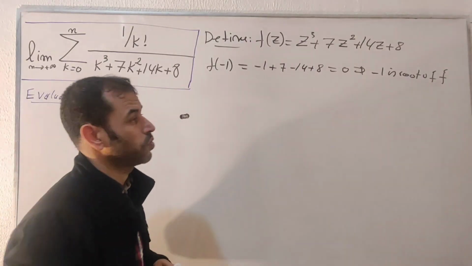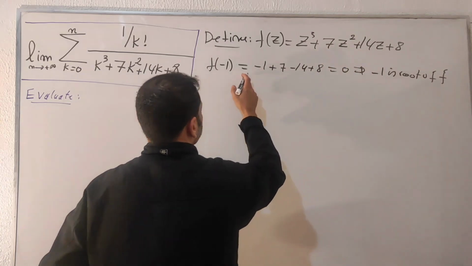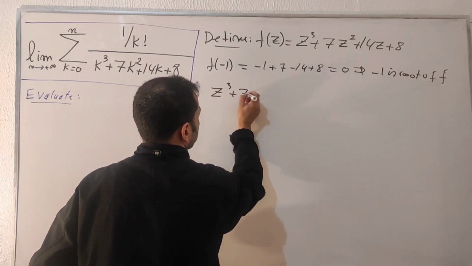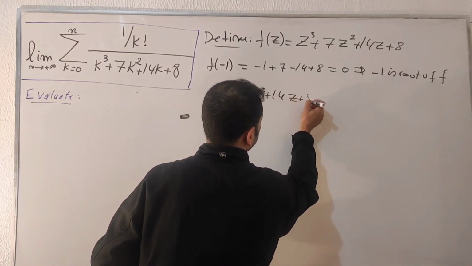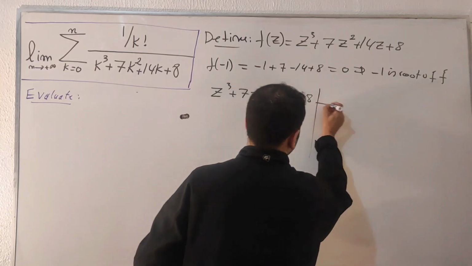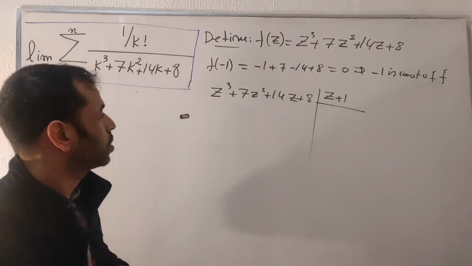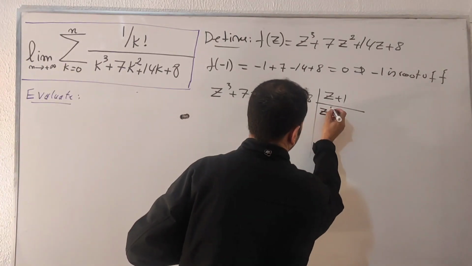Let's do algebraic division, dividing by z plus 1, because minus 1 is a root.